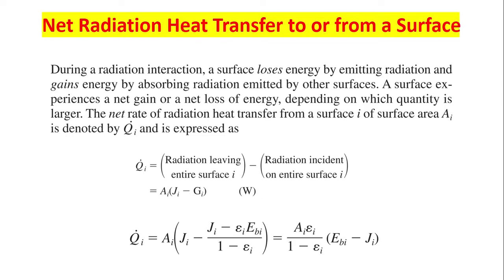So if we multiply both terms by the area of the surface, we will have the units of the net rate of radiation heat transfer. For any surface of surface area AI, after multiplying we will get this QI, which is the net rate of radiation heat transfer.